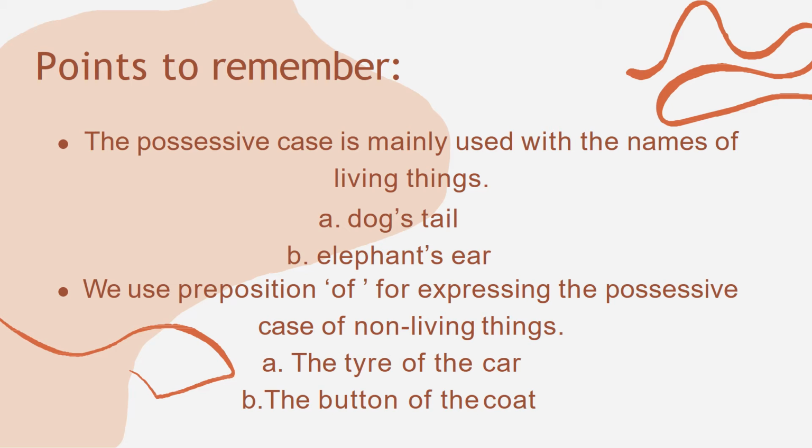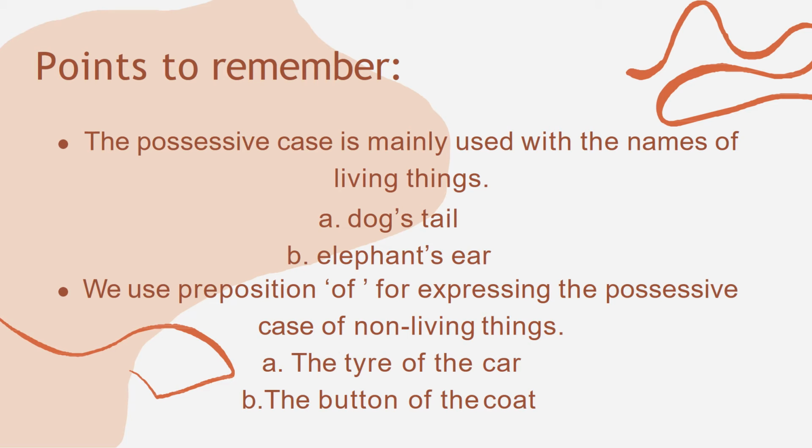So we will add apostrophe s to the word dog. Similarly, the next example is elephant's ear. Whose ear are we talking about? The elephant. So we will add apostrophe s to the word.